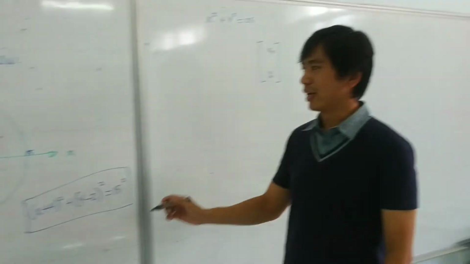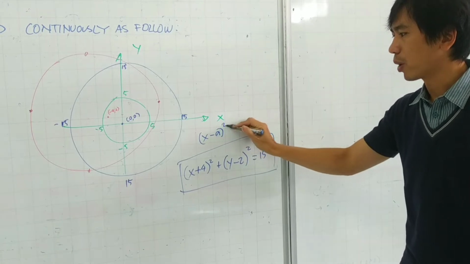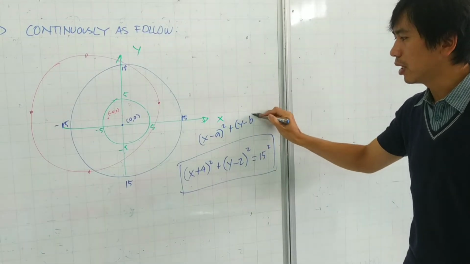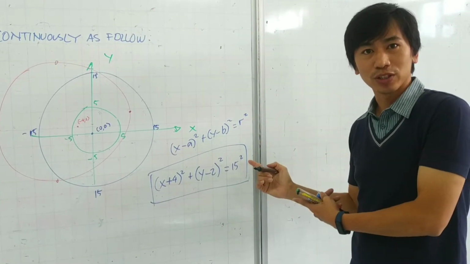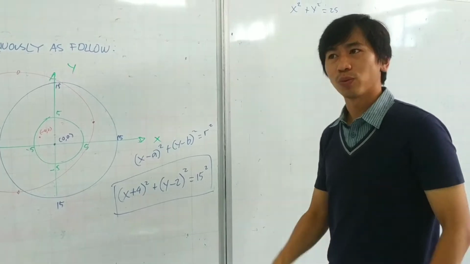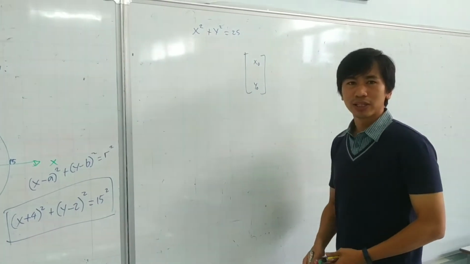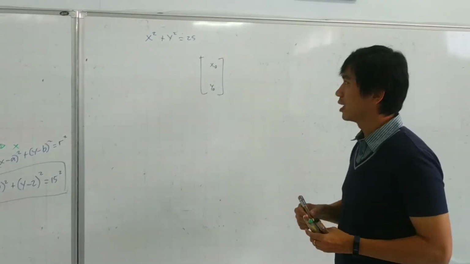As you know, the circle equation is x minus a squared plus y minus b squared equal with r squared. You should be able to find it graphically. Okay, but we want to do it algebraically in this context, and how we can do that.